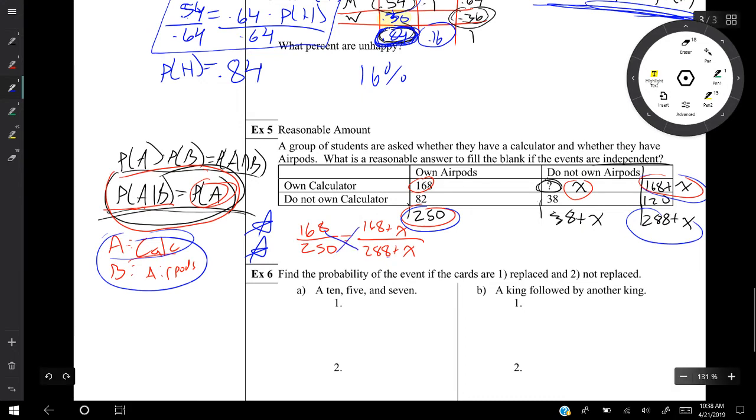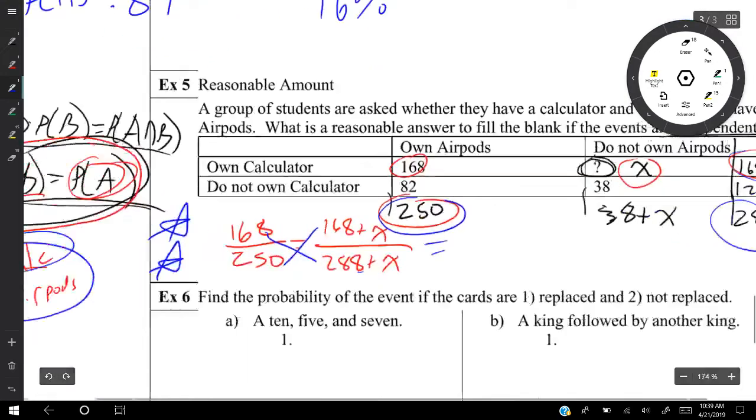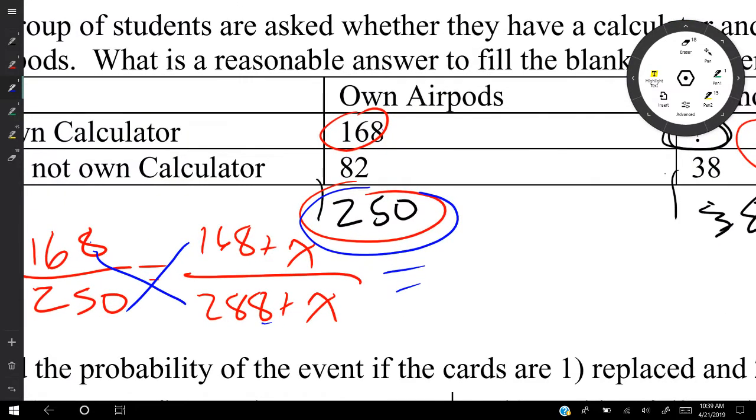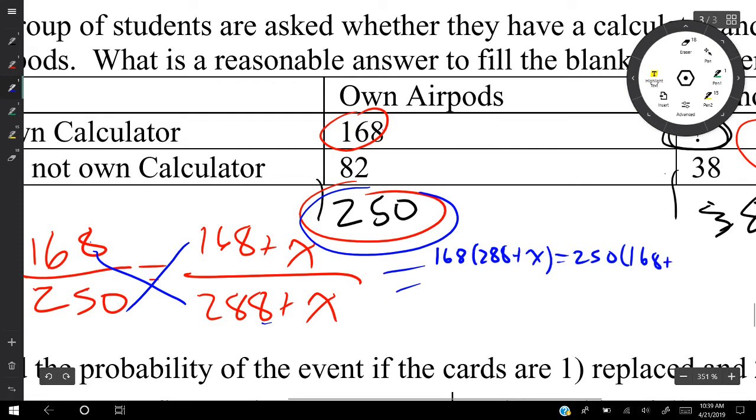Cross multiply. The numbers are going to get obnoxiously big because it's 168 and 288, but let's cross multiply. So when I cross multiply here, it's 168 times 288 plus x equals 250 times 168 plus x.